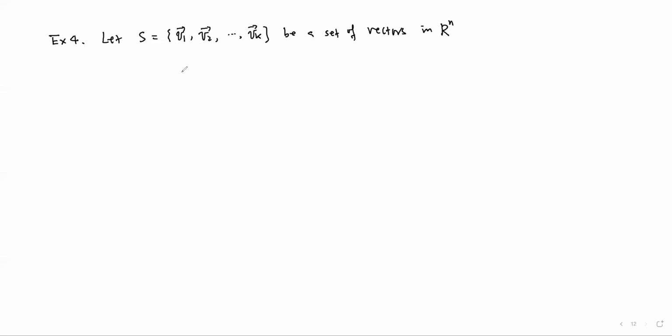That means that each vector has n entries.